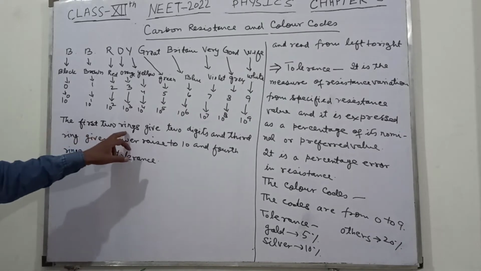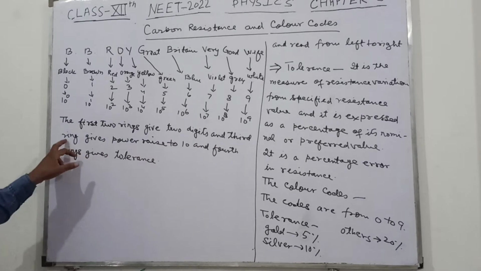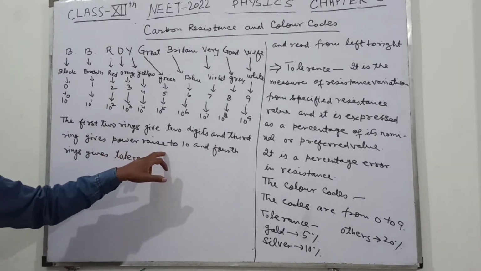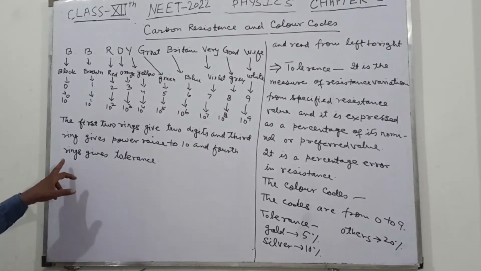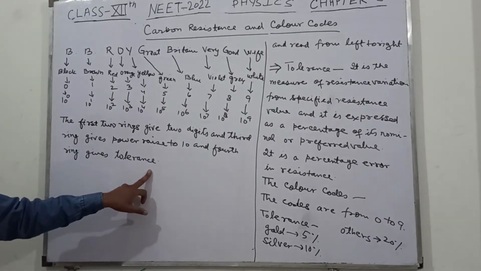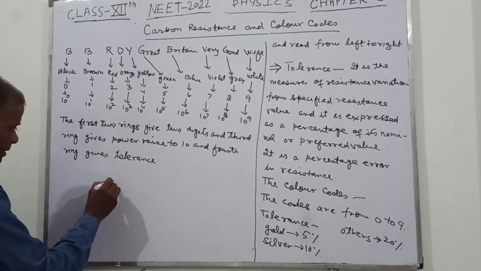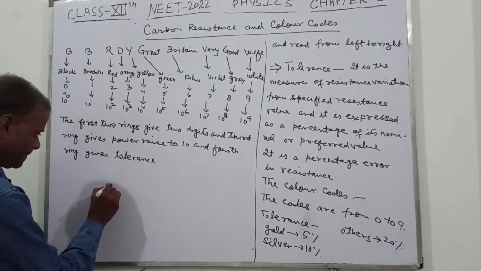So the first two rings give two digits, the third ring gives the power of 10, and the fourth ring gives tolerance.